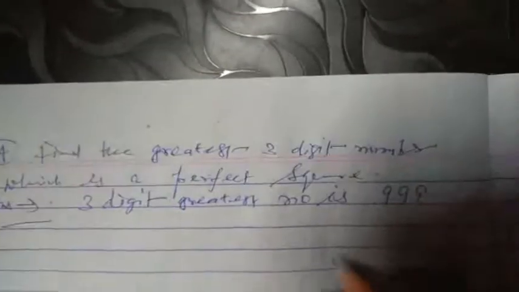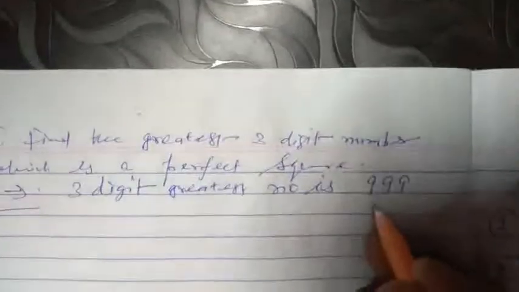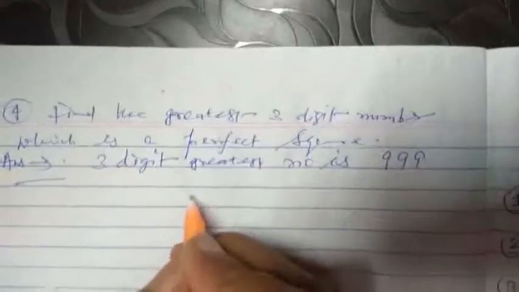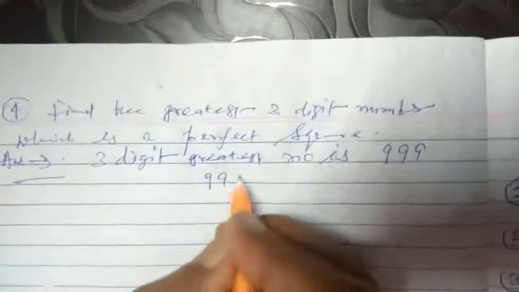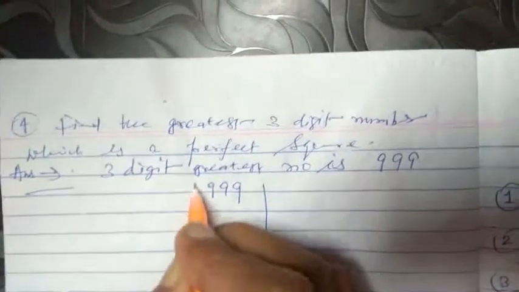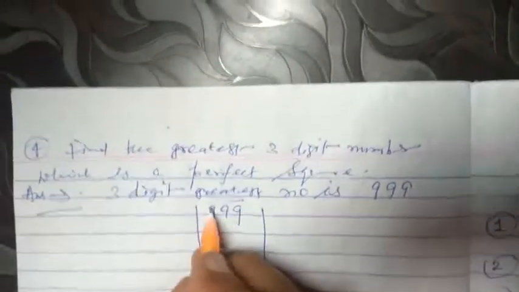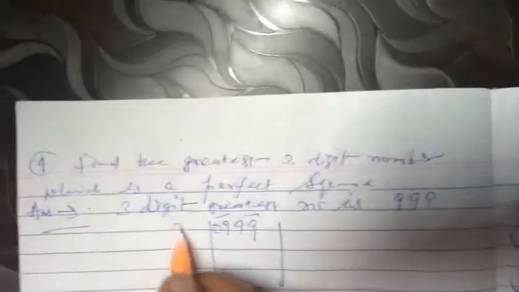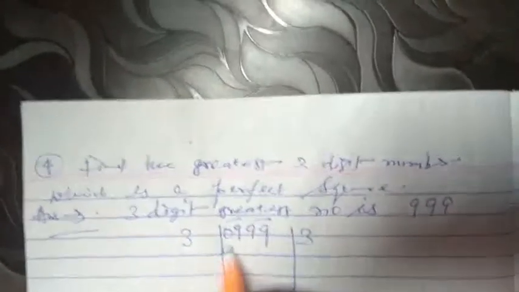So we find the square root of 999 by division method. Write 999, make pairs, a single number 9. 3 threes are 9.